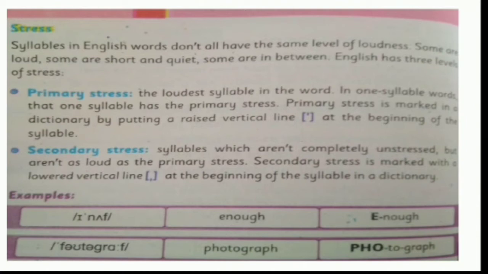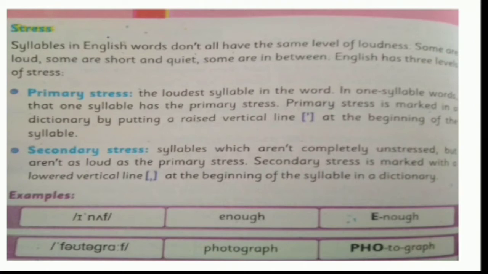Primary stress is marked in the dictionary by putting a raised vertical line at the beginning of the syllable. You need to remember this as well.